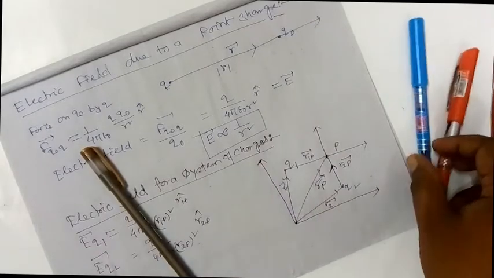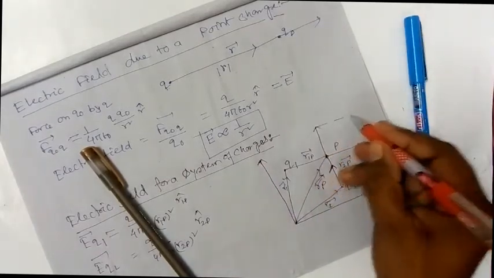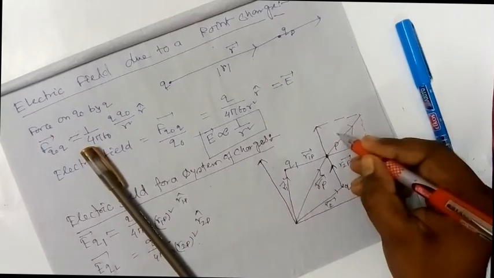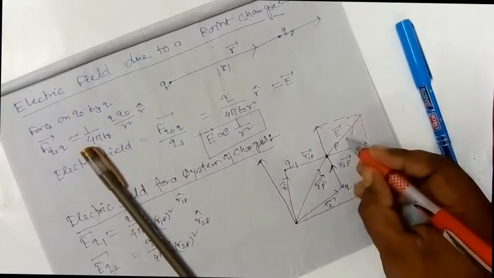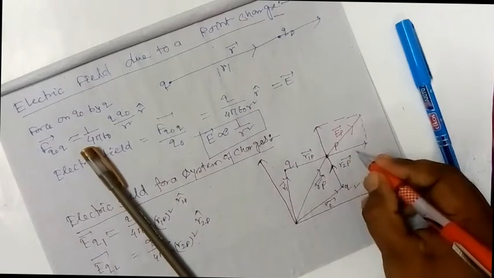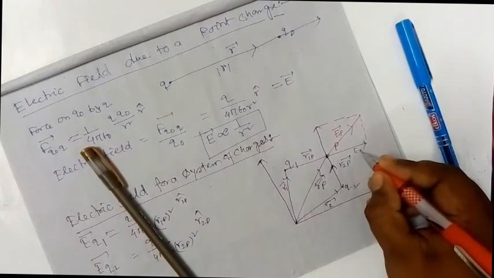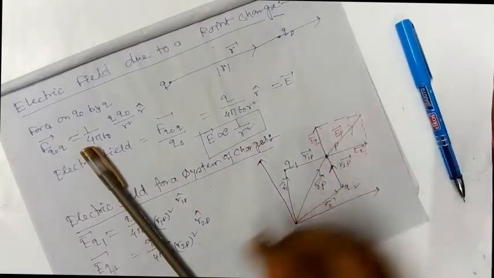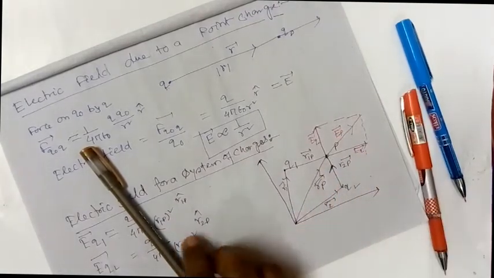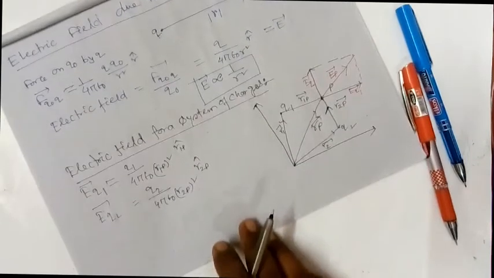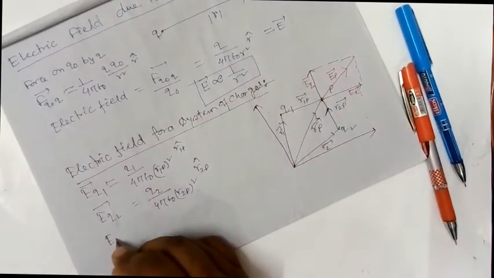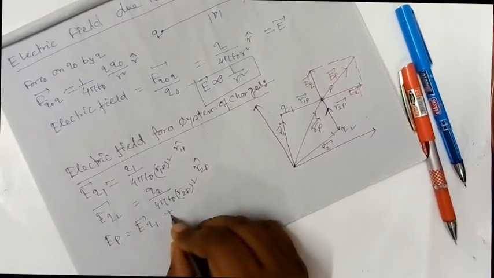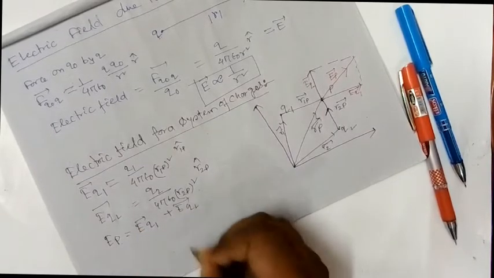And if I want to find out the resultant one, we have to complete the parallelogram. That will be the resultant electric field. Okay, that is EP. It is EQ1 and it is EQ2. So to find EP, we have to vectorially add these two. So EP equals EQ1 plus EQ2 in vector form.